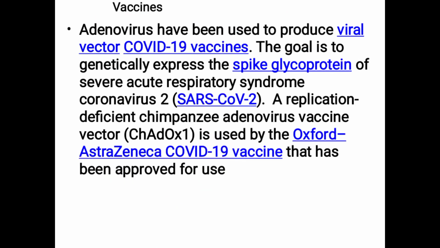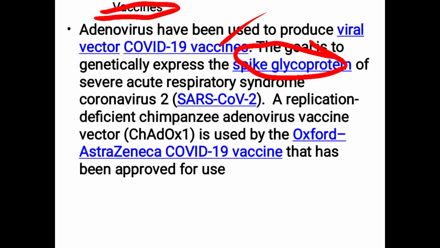Besides it, adenoviruses are also used in vaccines. Adenoviruses have been used to produce viral vector COVID-19 vaccines. The goal is to genetically express the spike glycoprotein of severe acute respiratory syndrome coronavirus 2, SARS-CoV-2.